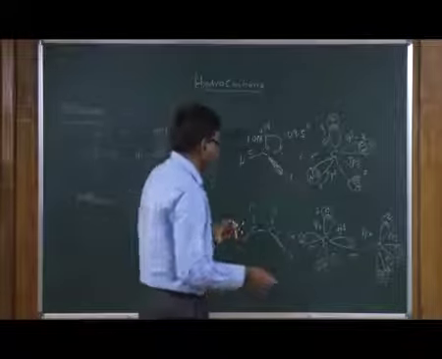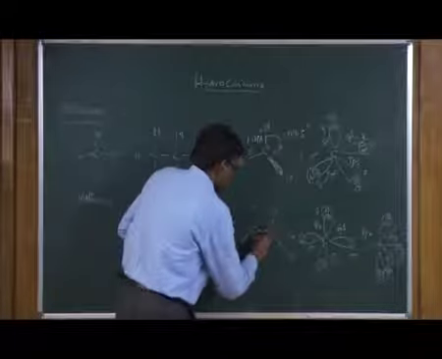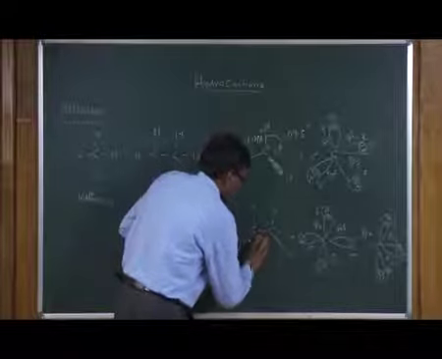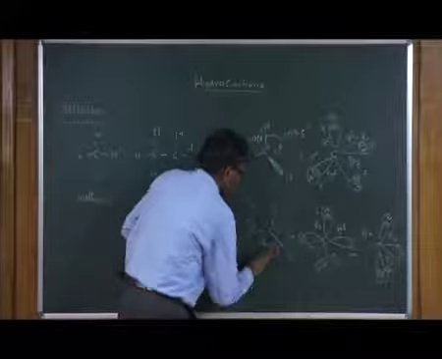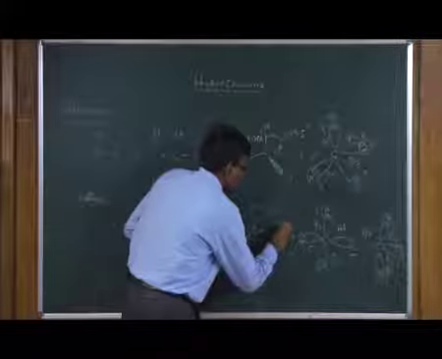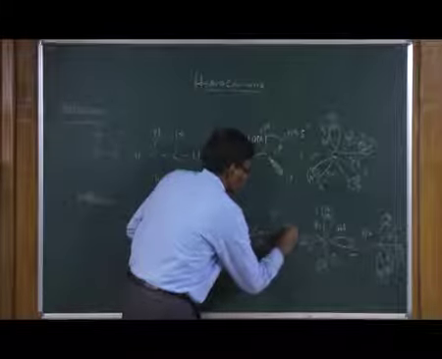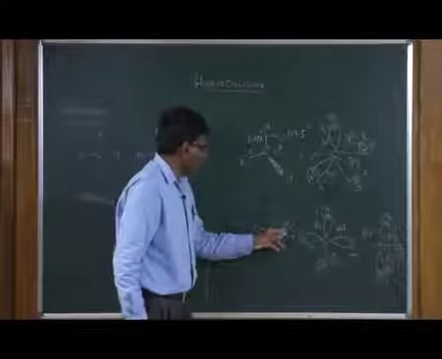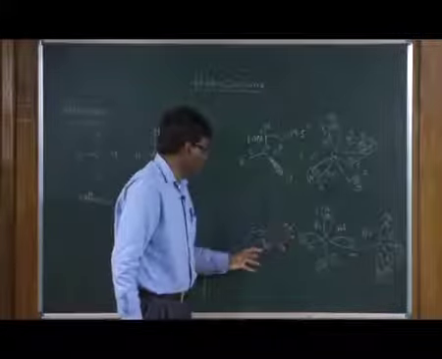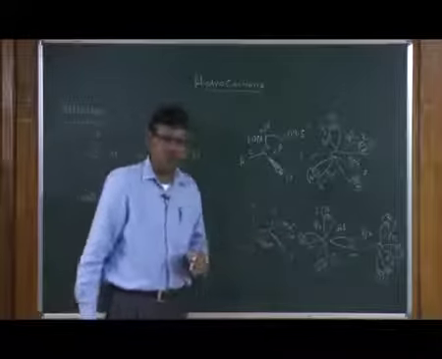The bond length between these 2 carbons is 1.54 Angstrom, and the carbon-hydrogen bond length is 1.09 Angstrom.